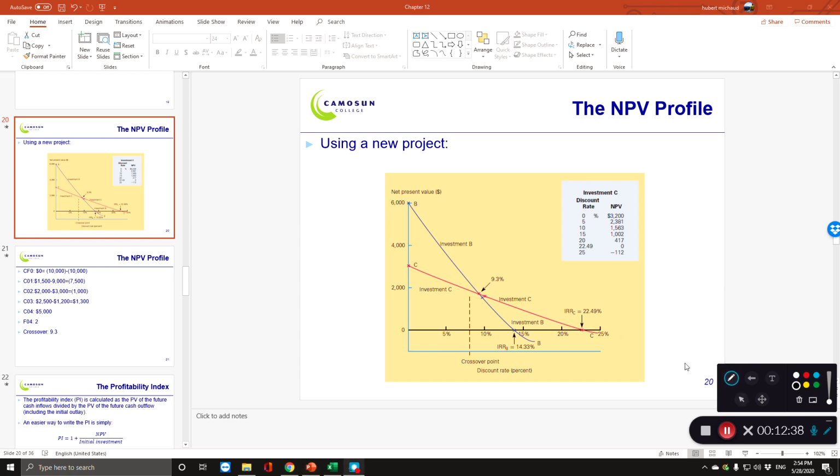Because their NPV is the same. Below 9.3% we would prefer project B because the NPV profile is higher for project B. Above 9.3% we would prefer project C because its NPV is higher.